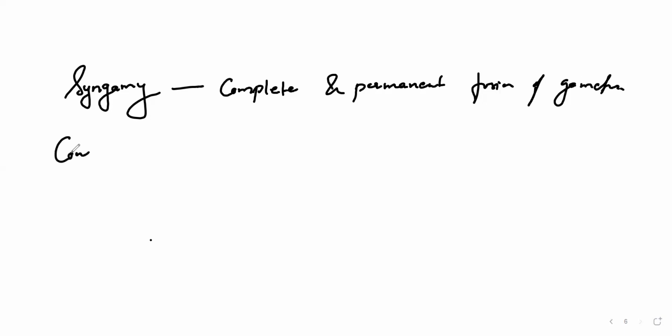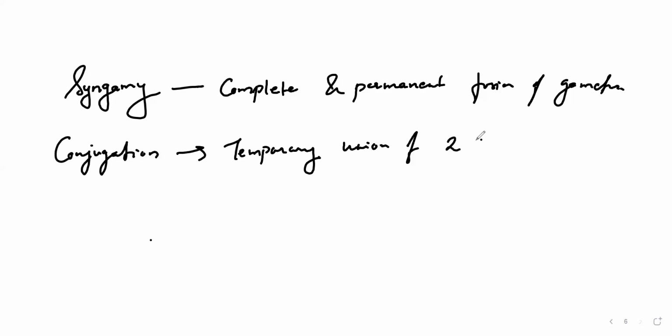Whereas the other term is conjugation. Conjugation is a temporary union of two parents. Once the parents exchange the male nuclei to form a synkaryon, they separate and then produce a daughter individual.